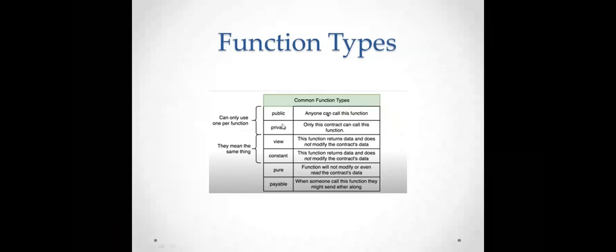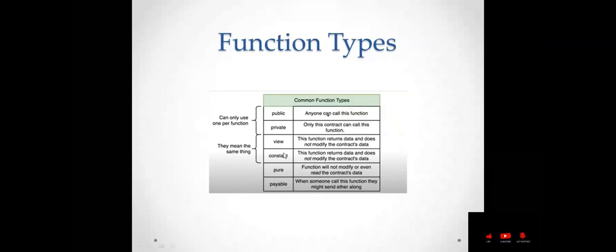For development purposes, if you define a function as public, you can access it from other functions, and if you define it as private, then you can't access it from other functions or other contracts.